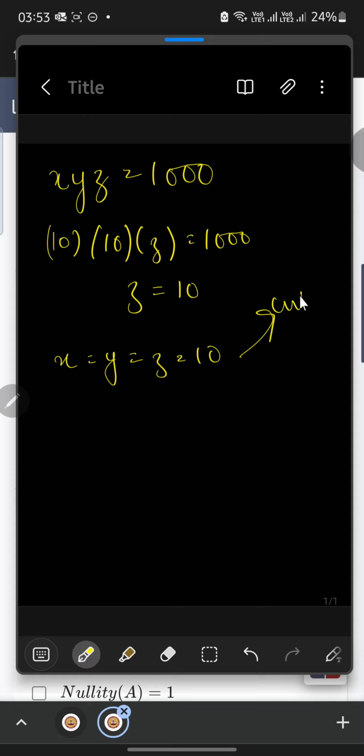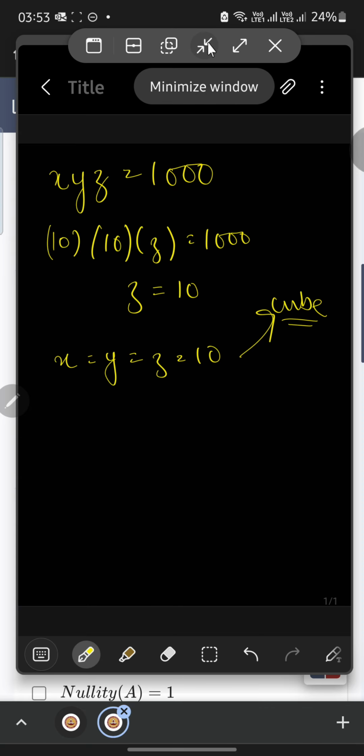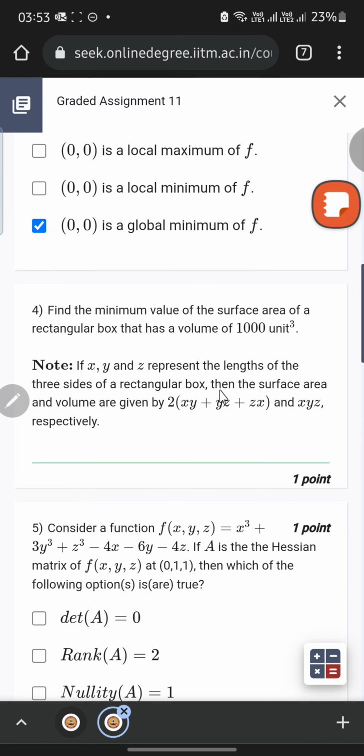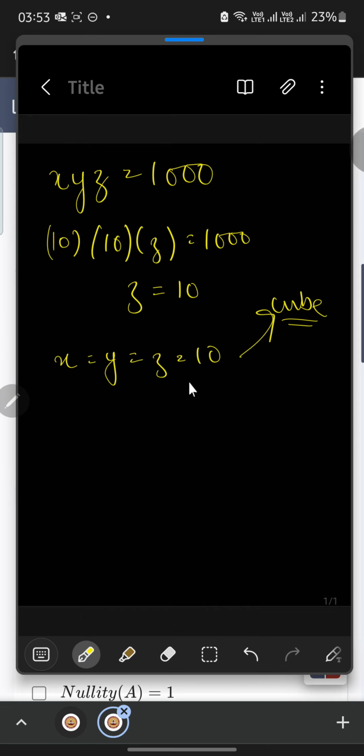Basically this is a cube, so we can surely say that a cube has the minimum value of the surface area. So here I will be putting 10 into 10 plus 10 into 10.